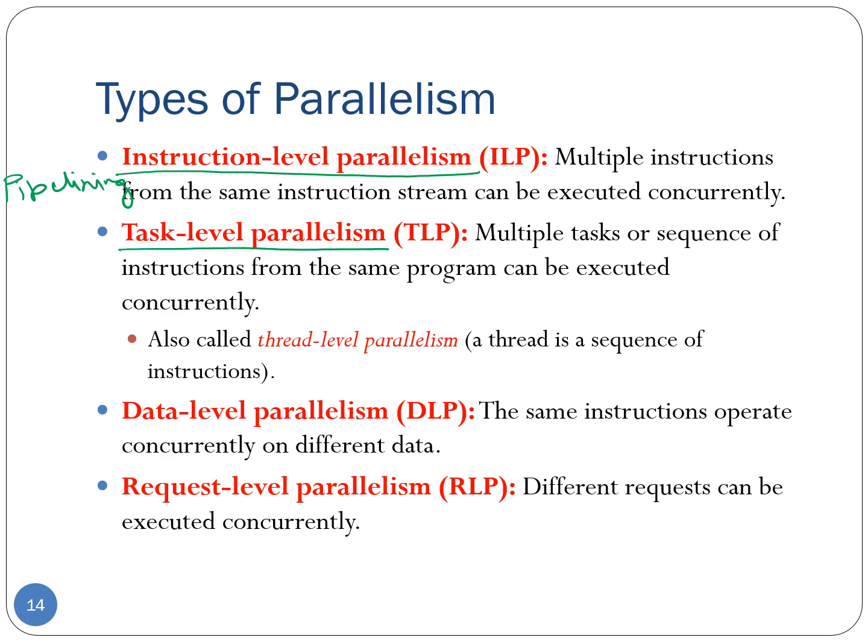Next we have task level parallelism. So executing multiple tasks or multiple sequences of instructions from the same program concurrently is known as task level parallelism. This is similar to thread level parallelism or multi-threaded execution. So if a process is implemented as a multi-threaded application, let's say this is your process, and there are several threads inside the process, let's say T1, T2, and T3.